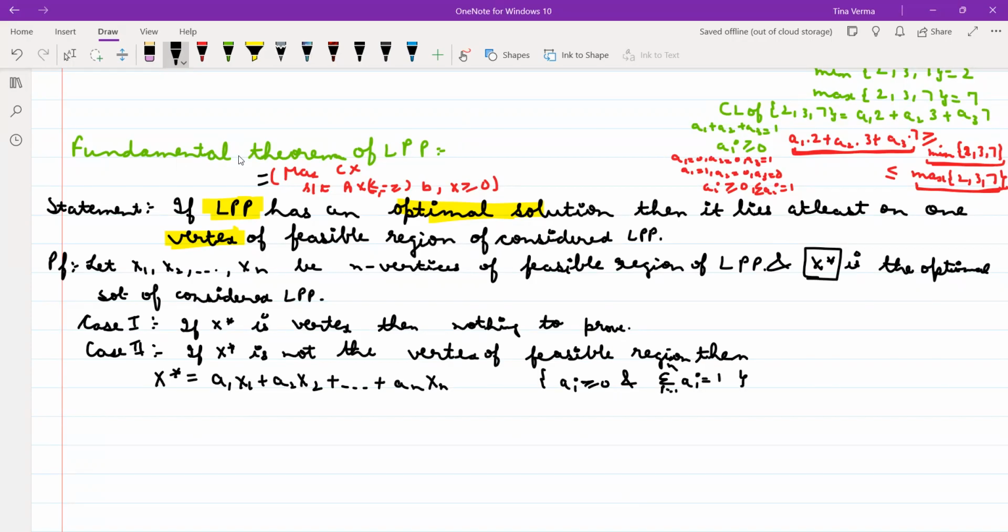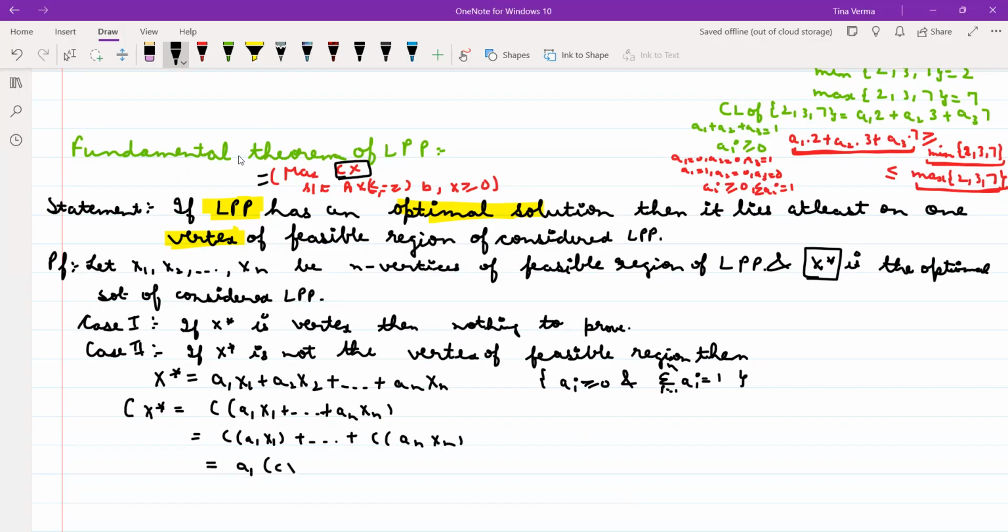I can write it as the CLC because we have to take the objective function. What is in the objective function? c. So I can multiply c on both sides. If I take a1 common, c a1 x1, and this is just a scalar, I can take a outside. So this is cx1, this is an, cxn.